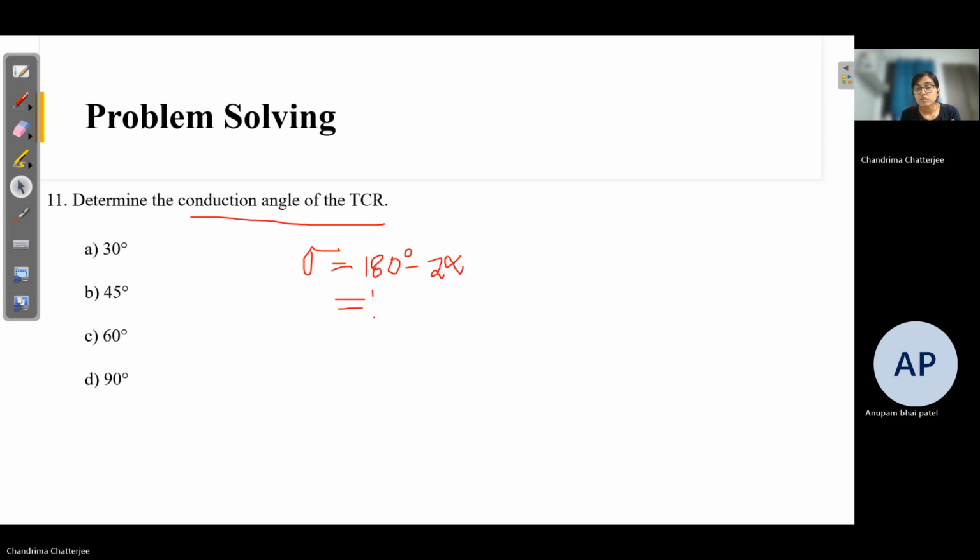So here alpha is 135 degree, so its value will be 90 degree. There is a minus sign coming, but its value will be 90 degree.